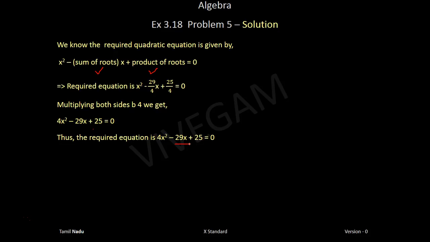So these two expressions, try to write them in terms of our known values of alpha plus beta and alpha beta, and using those values, calculate alpha square plus beta square and alpha square beta square. So once you know those values, substitute in the equation x square minus sum of the roots into x plus product of the roots equal to 0 to get the required equation.